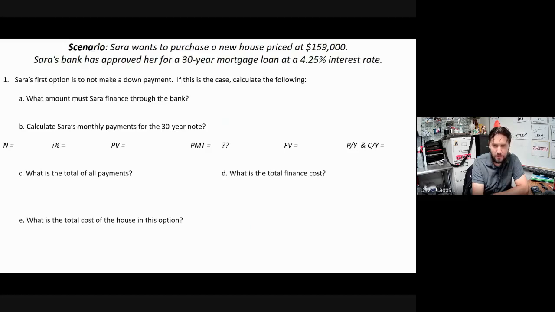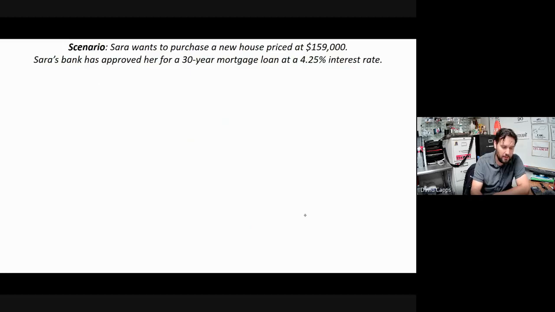So she's purchasing a house at $159,000. Sarah's bank has approved for her 30-year note here for 4.25%. So the amount Sarah must finance, if she doesn't make a down payment, she's not putting anything, she's going to finance the whole thing then. You can even look back at this part here.